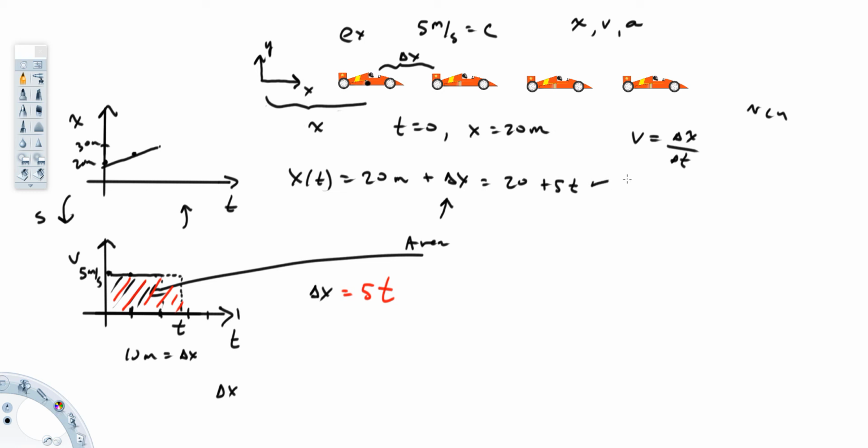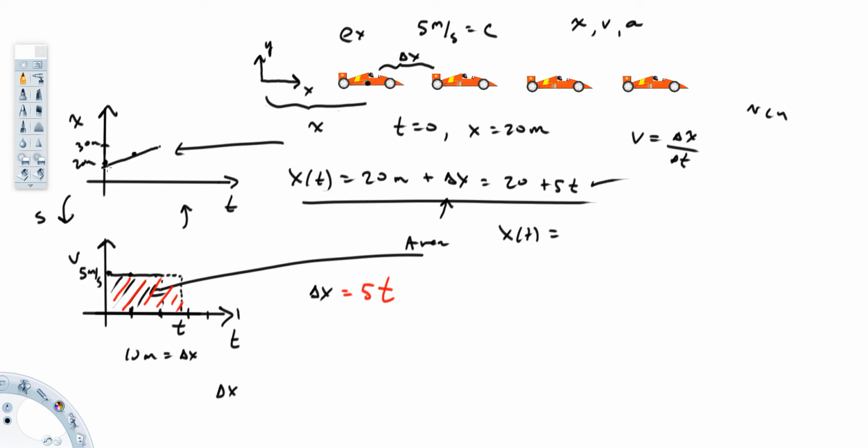And you notice what we have now is a function. We've used the area under this velocity graph to find the function for that curve. And this equation is good anywhere. And I could generalize this even a tad bit further and say, well, x is a function of t.